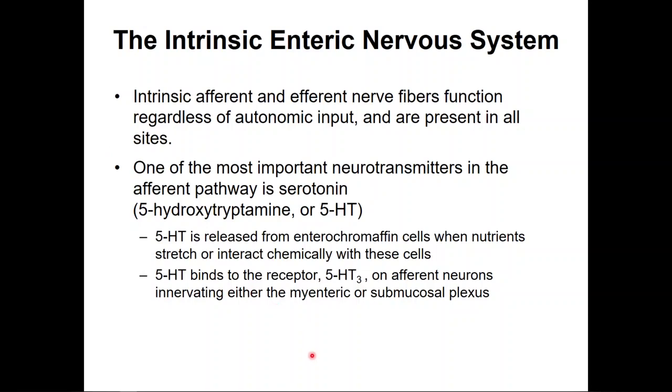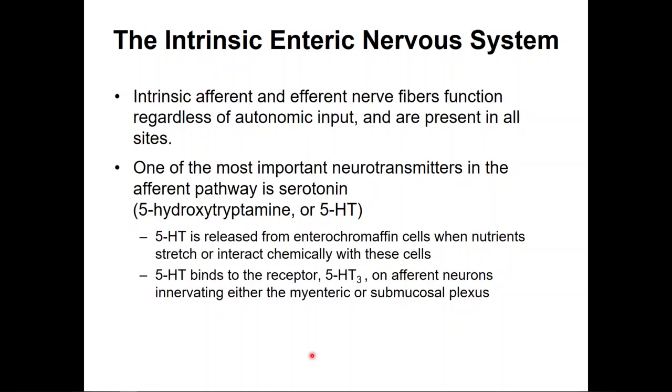Of all the neurotransmitters, believe it or not, there are a lot of different neurotransmitters involved in the intrinsic enteric nervous system. One of the most important ones is actually 5-hydroxytryptamine. That's actually serotonin. Some people confuse that with 5-hydroxytryptophan, but it's actually 5-hydroxytryptamine, or 5-HT.